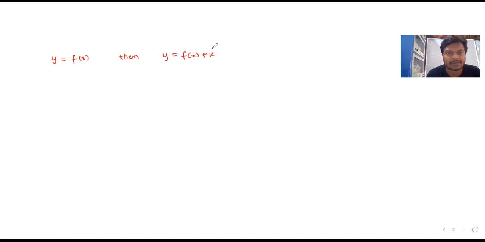going to discuss now. Okay, for example, if I select y equal to e power x plus 1, and one more example, y equal to e power x minus 1, then what happens? Observe.